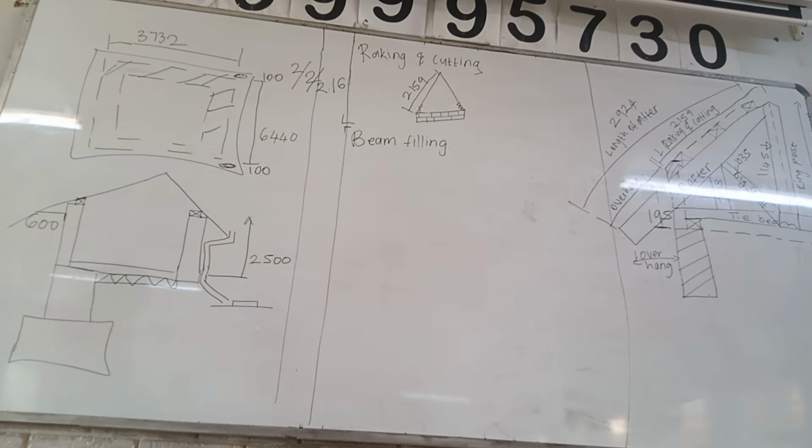Do we include the wall when we calculate the length of the beam filling, or do we subtract the length of the wall for the beam filling? How do you calculate our beam filling?